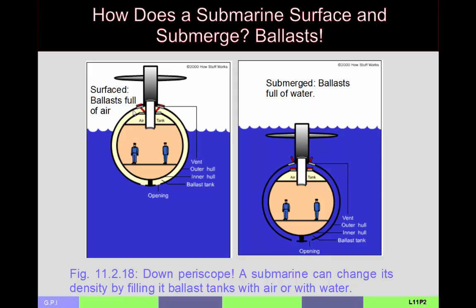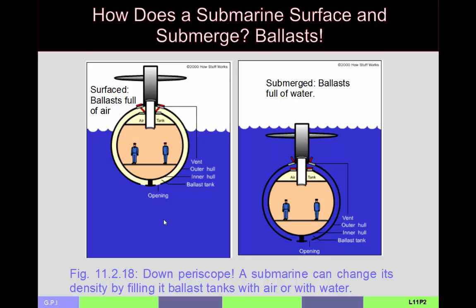Basically the ballast is a chamber that can surround the submarine, as in this picture, or it can be running parallel to the walls or what have you. And it's a chamber that you can either pump water into or you can pump air into. And when you pump the water into it, then the collective density of the submarine is greater than the density of the water that's surrounding it, and so it starts sinking.